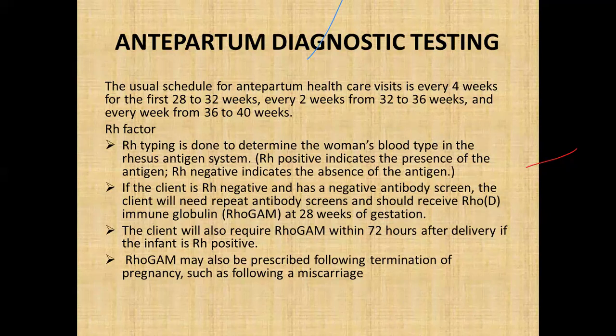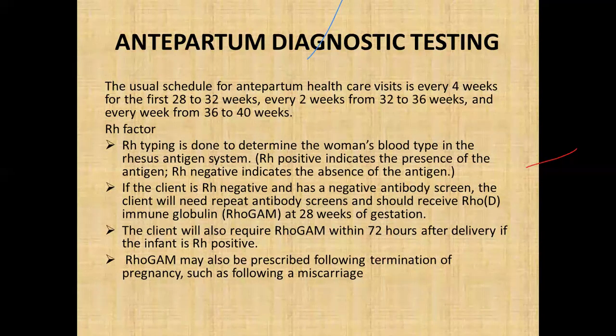But if the father is known to be positive, listen to me, and the mother's blood is tested and her status is negative, then there is a cause for concern, because the probability that the child will pick the father's blood status is very high.